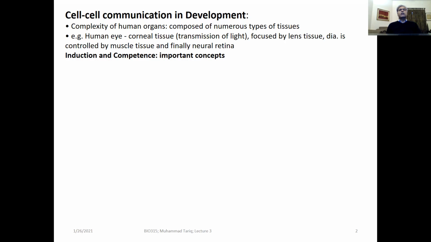Not just one kind of cell type is there. For example, if we talk about limb development, we have muscle cells, cartilage, bone, etc. And all of them come together during the process of morphogenesis to form a perfect organ which is able to perform its function.